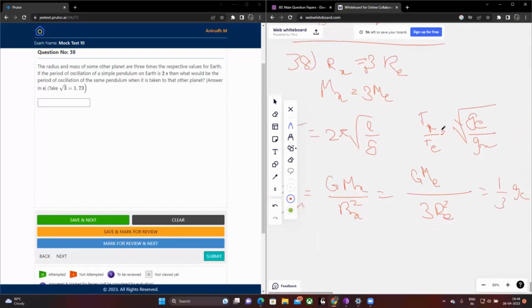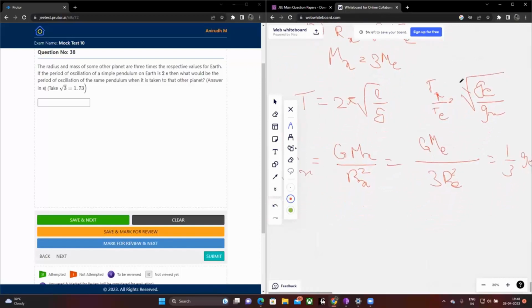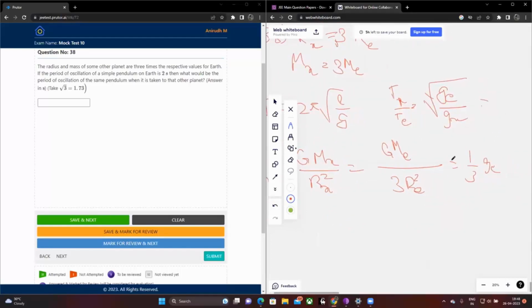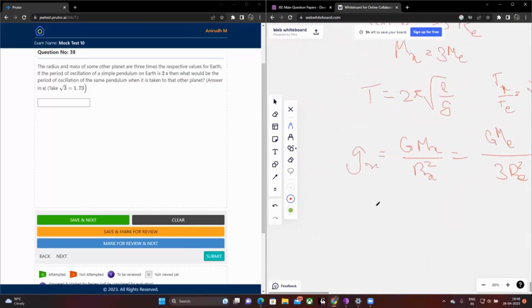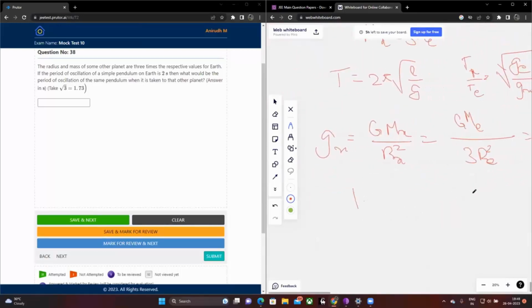So Tx by Te is root 3. So Tx is 1.73 into 2, that is 3.46. That's your answer.